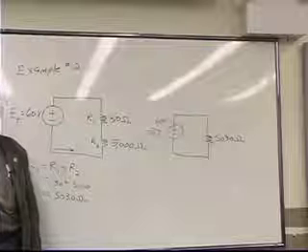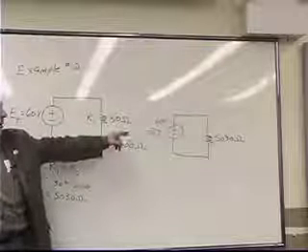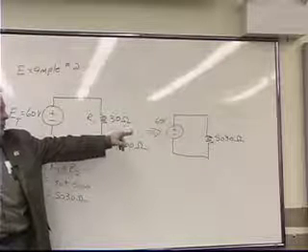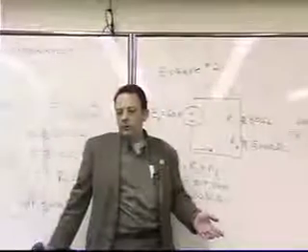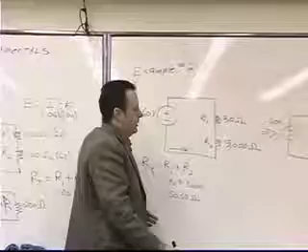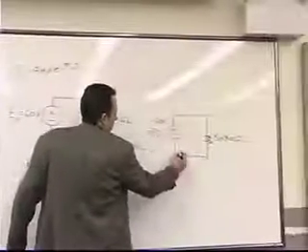Yeah. When we only have one battery and one resistor, it's pretty easy to use Ohm's law to figure out the current.